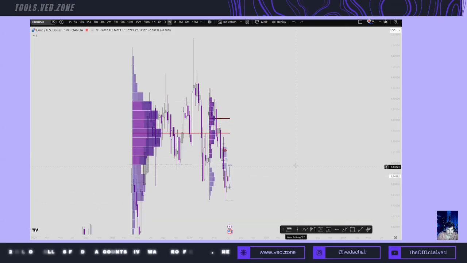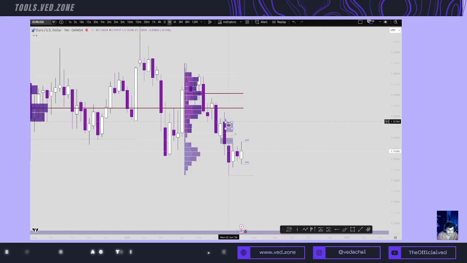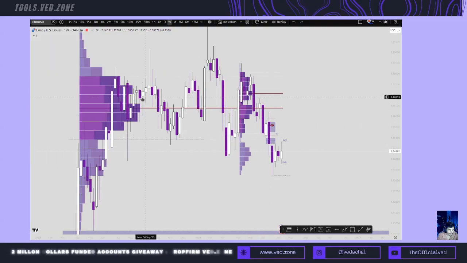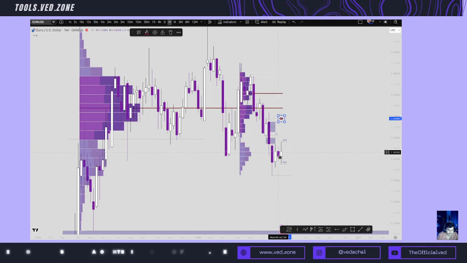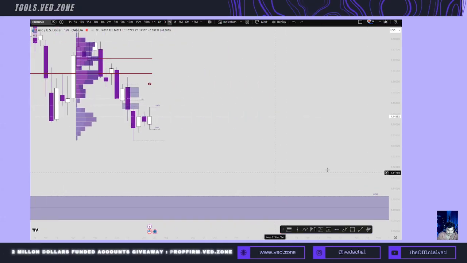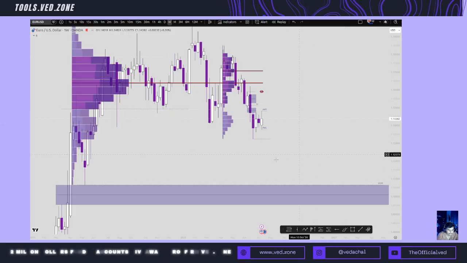So we have a couple of key areas. One is a daily imbalance and also this order block and the high volume zone. So these two key zones here, where I am expecting either this or this for price to potentially retrace and again come for the previous week low, this and this, and eventually the major one which I'm calling for months.